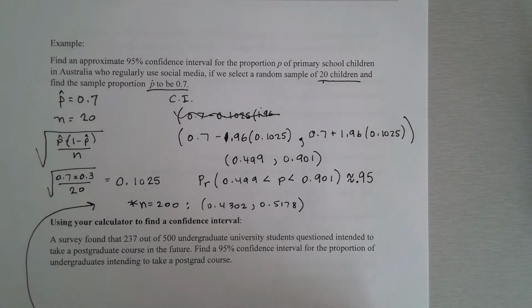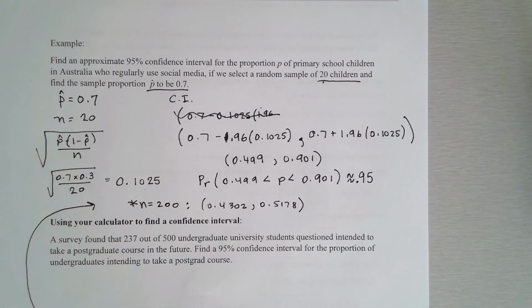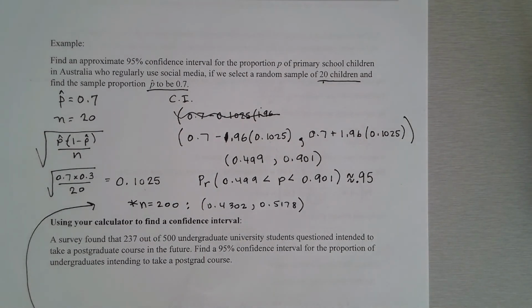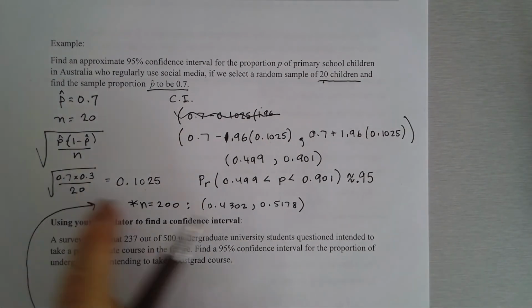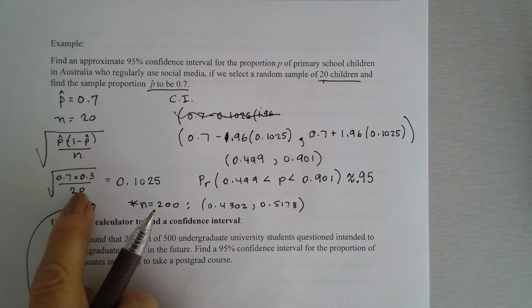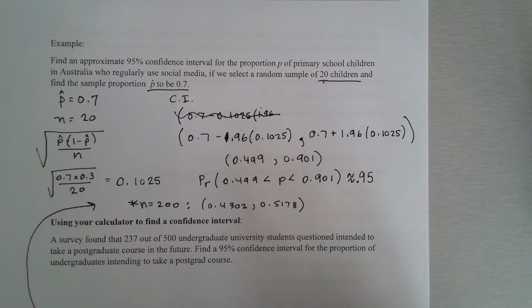Okay? Now I say it's between 43 and 52. Okay? If I put n as 200 right here, just changing that, what? So with the 0.7, so that's the percentage of the 20 students sample. Why is 0.43? That doesn't include 0.7.